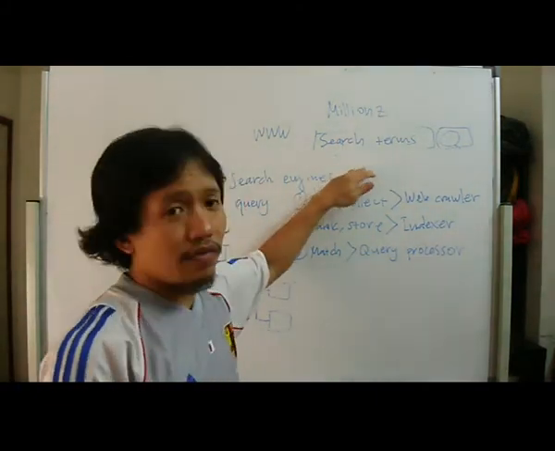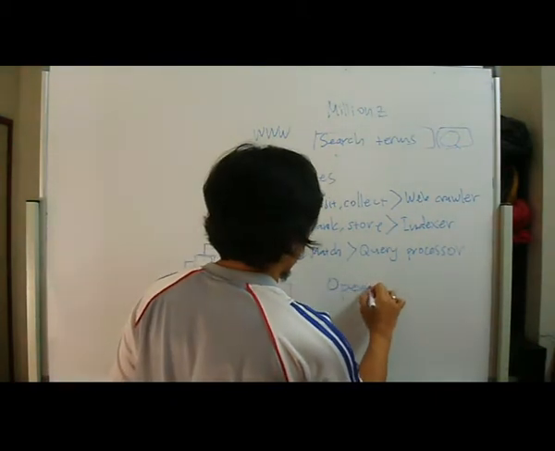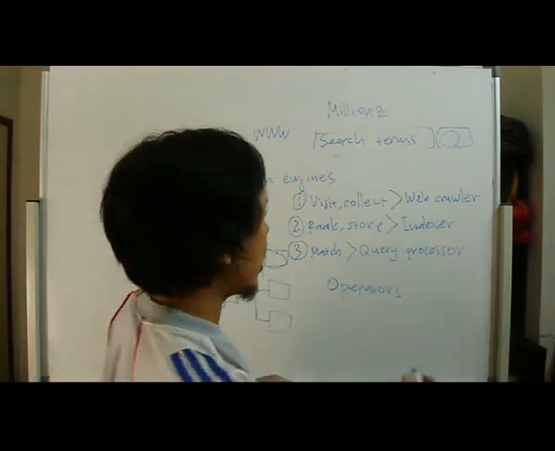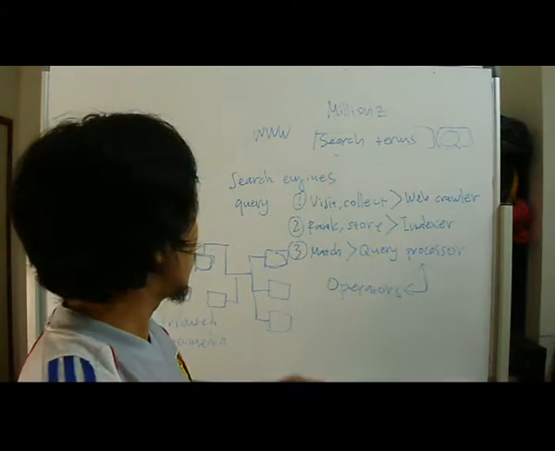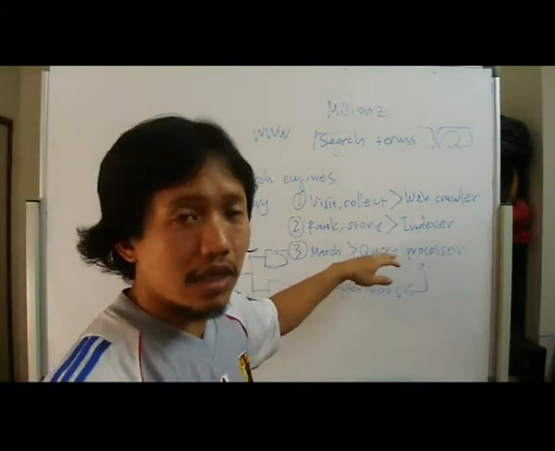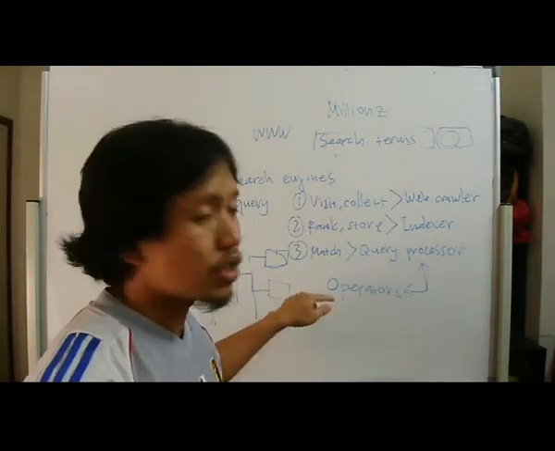So because of that, you can actually use search operators. When you use search operators, you are actually helping the query processor match your search query with the files inside their index database, right? So you want to do something with that.